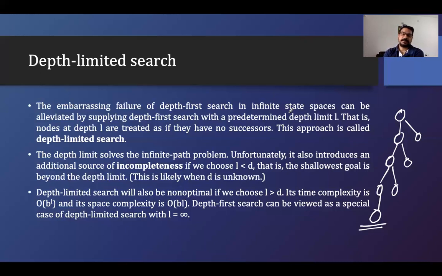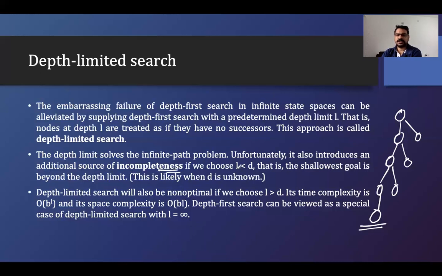So is completeness there in this particular algorithm? No, completeness is not there. Is it faster? Yes, it is faster than depth first search, but completeness is not at all there. So depth limit solves the infinite path problem. Unfortunately, it also introduces an additional source of incompleteness.